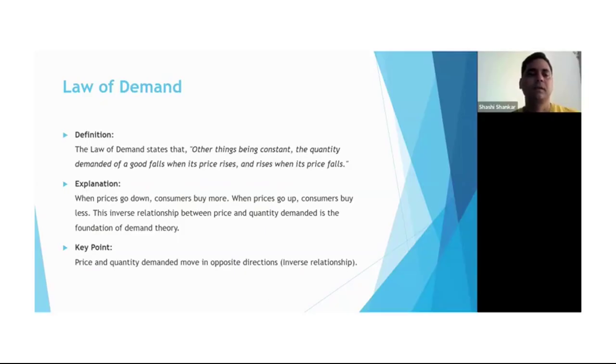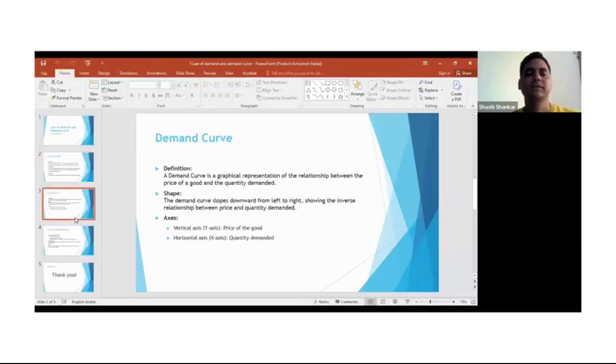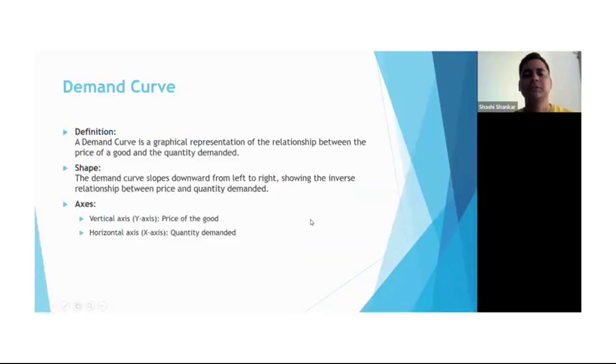All right, now moving to the next, the demand curve. The demand curve is nothing but the graphical representation of the relationship between the price of goods and quantity demanded. The law of demand states an inverse relationship between price and quantity demanded.